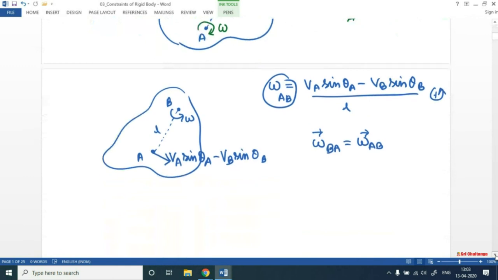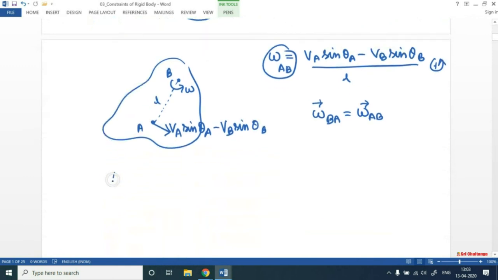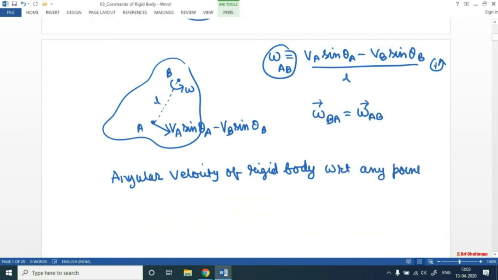From this we can draw the conclusion that the angular velocity of a rigid body with respect to any point on the rigid body will be the same. That means with respect to any point on the rigid body, if you are finding out the angular velocity of the rigid body, it is going to remain the same.